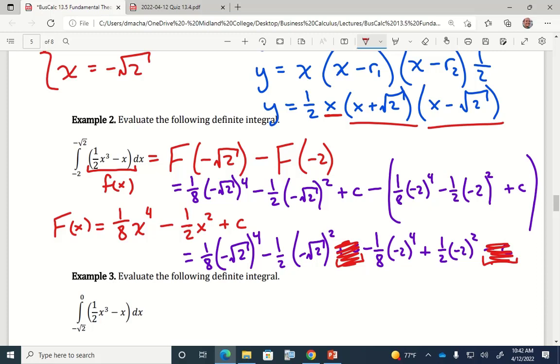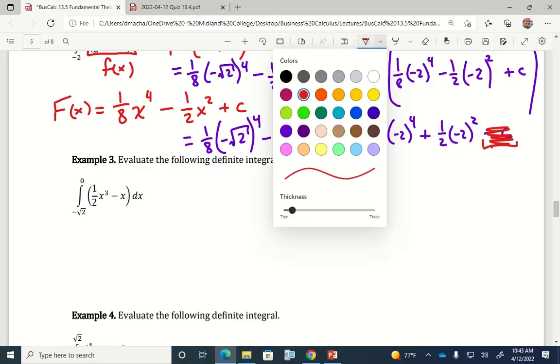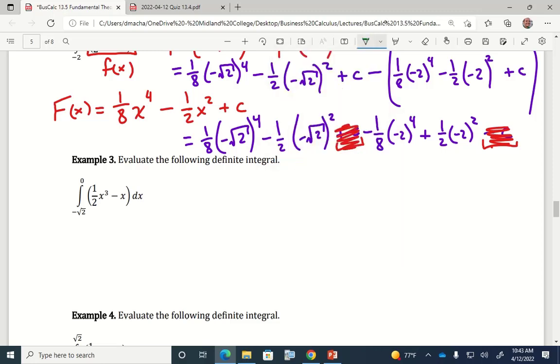That's not true for all antiderivatives in general. It's important to remember that for antiderivatives. But as long as you're only working in the context of a definite integral problem, one with a lower bound and an upper bound, then you can forget about the plus c. Okay. So we just take those out, and the rest is the answer.